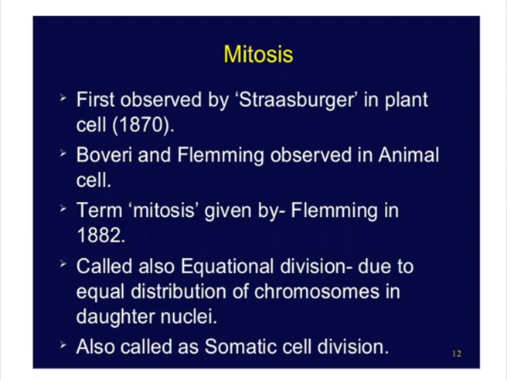Mitosis is also called equational division due to the equal distribution of chromosomes in the daughter nuclei. It is also called somatic cell division. Many types of cells are present, but mitosis occurs in somatic cells. What is a somatic cell?